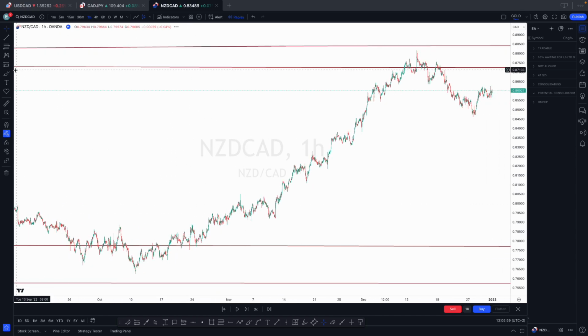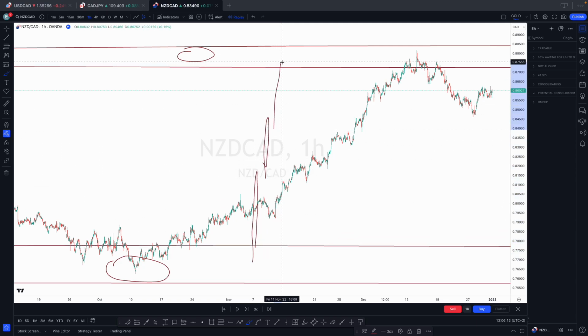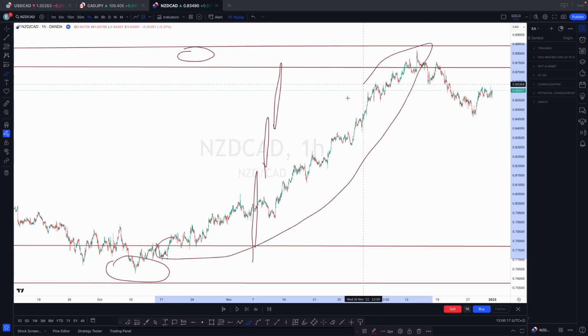What do you notice? This was the starting point and this was the final destination. But on monthly the market literally looked like this, while on 1 hour, this is what we see.